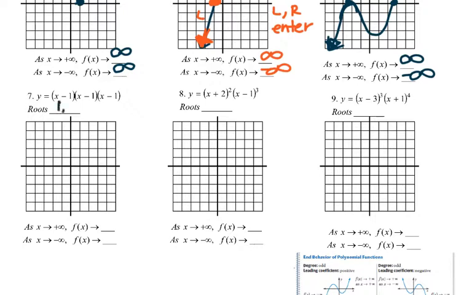Here is a unique one because it's got a triple root at 1. If you graph this on your calculator, you're going to see this kind of thing, where at this triple root the graph actually goes through, and again, infinity, -infinity.